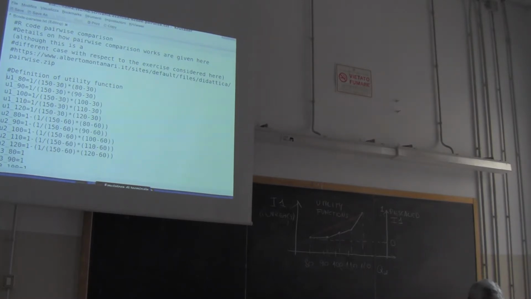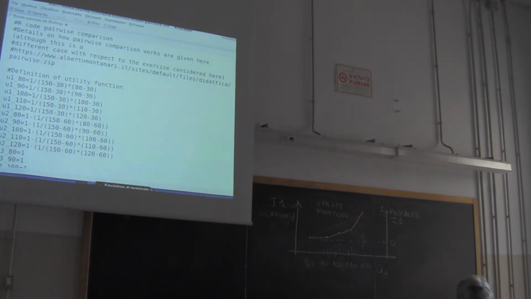So, first of all, we have to define these utility functions that are given in the PDF in an analytic way, in order to define the utility of each alternative. Let's look at the first one.